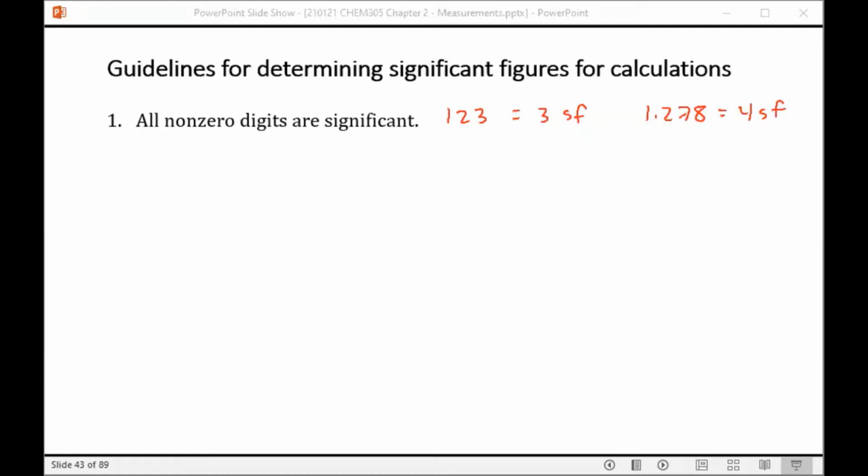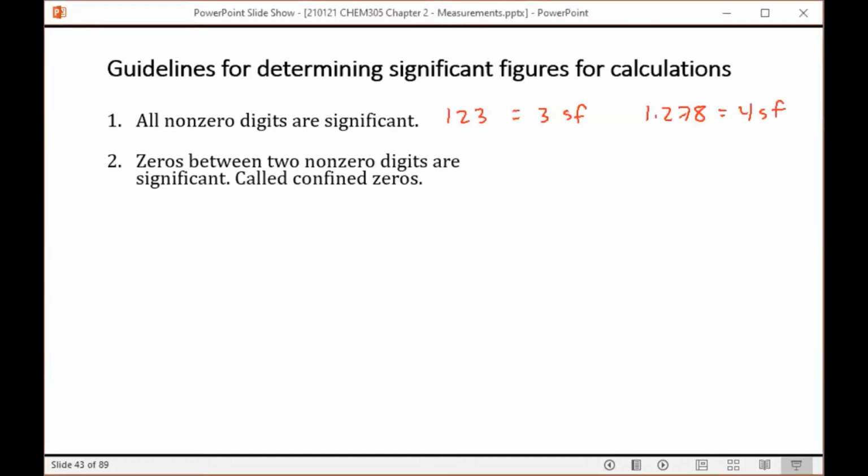All the rest of the guidelines for sig figs are dealing with what to do with the zeros in a number. How can you tell if a 0 in a number that's a measurement, or has some uncertainty in it, is a sig fig or not? The first guideline dealing with zeros is what to do with zeros that are between non-zero digits. Anytime you have a 0 between two non-zero digits, these confined zeros are going to be significant.